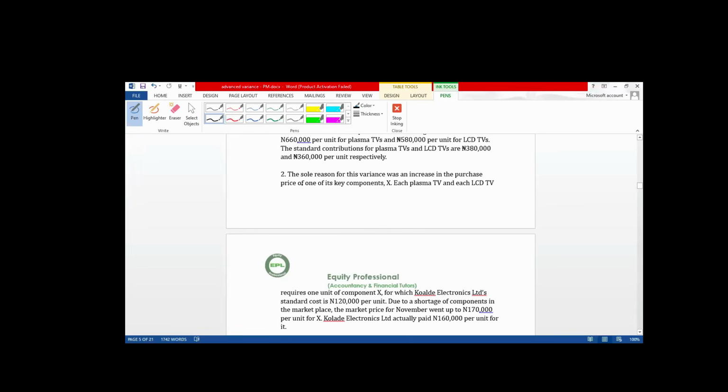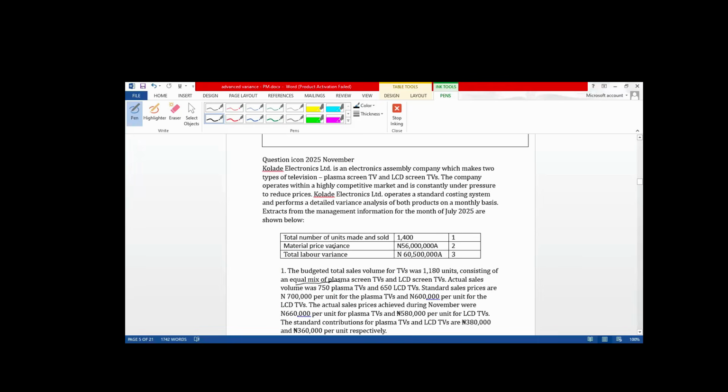Examiner says the sole reason for note number 2. Look at note number 2, material price variance.